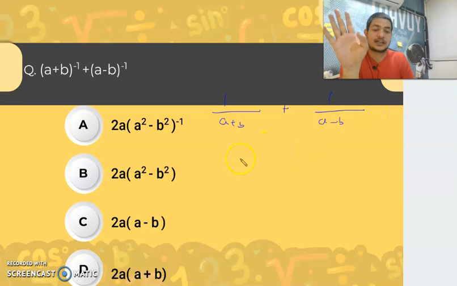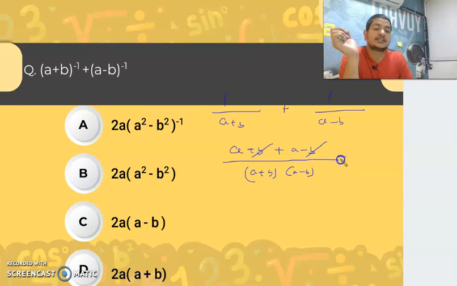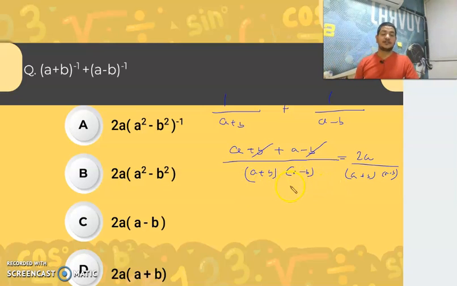If we are adding this, we can take the LCM. We write it as a minus b, and a plus b, and a minus b. Okay, b will get cancelled. We are getting what? 2a upon (a plus b) into (a minus b). See this one we will get.